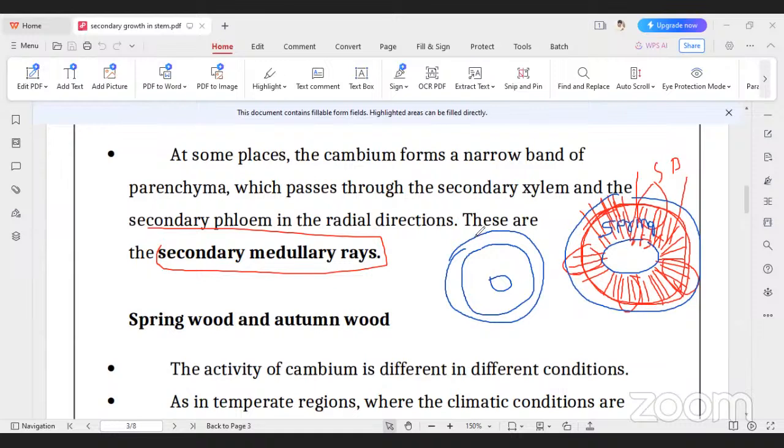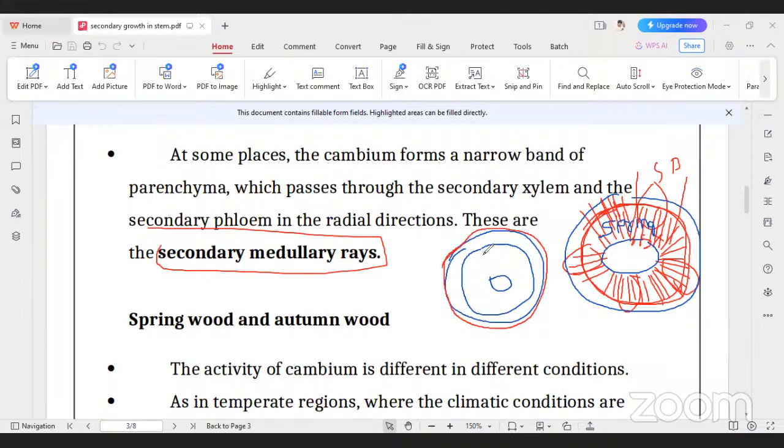I have drawn one side only. This is the cambium ring. First, let's use red color. I have drawn only the inner side, but not the outer. Cambium ring.